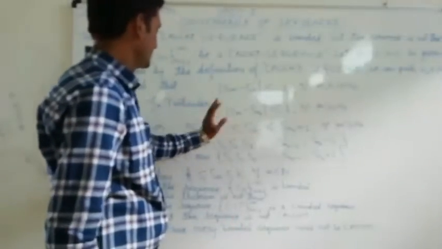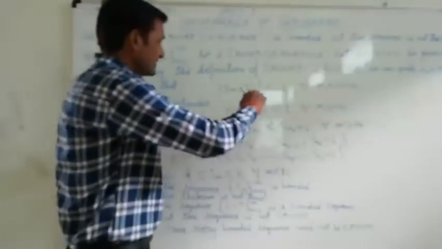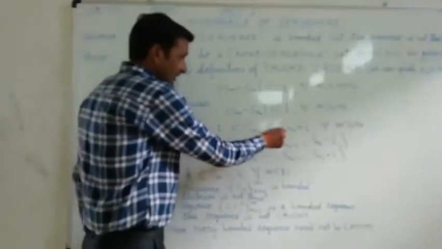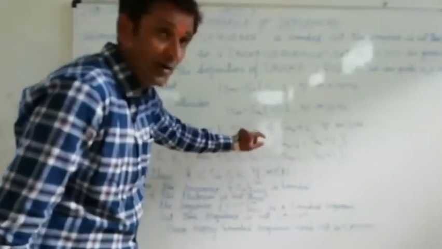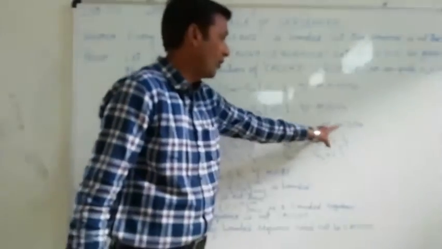Sn is in between Sn0 minus 1 and Sn0 plus 1 for all n greater than or equal to n0.